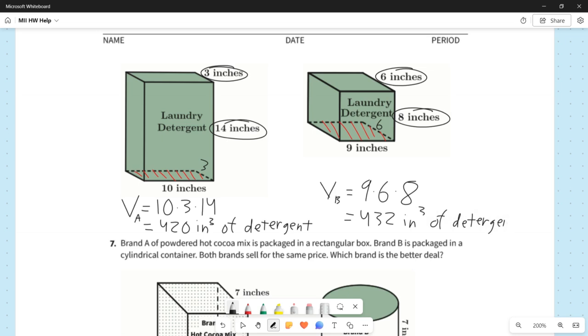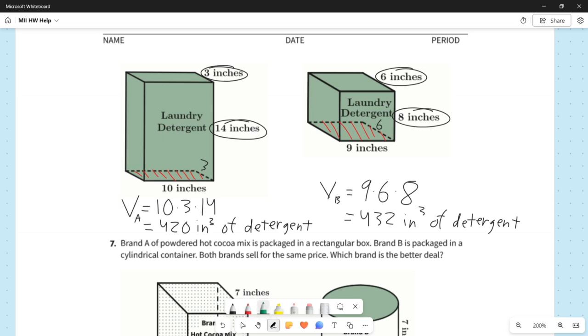They're cubic inches because volume is a three-dimensional unit of measurement. Volume is always cubic units, and we're talking about inches, so it's 432 cubic inches. I don't think that we have to add any words here.